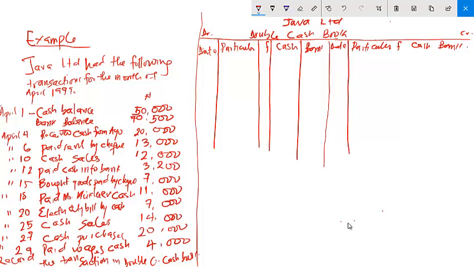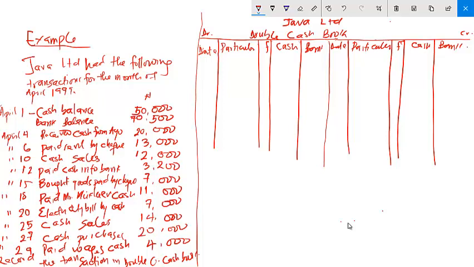If you look at these transactions, you will realize that all the transactions we have here involve payment either by cash or by check. We assume that we have a company called Java Limited that had the following transactions for the month of April 1999.